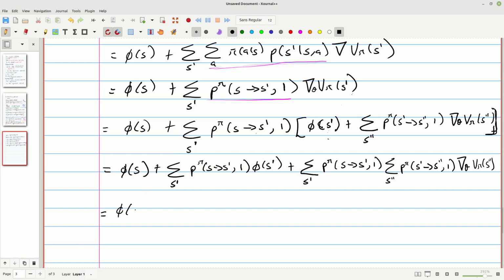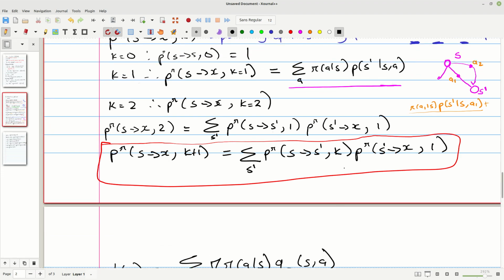So this is phi of s plus the summation over s prime. This pretty much stays the same: s to s prime in one step times phi of s prime, plus, now this term here we're going to combine, because if you look over here, we said if we have p pi s to s prime in k steps times p pi from s prime to x in 1 step, this gives us p pi of s to x in k plus 1 steps.